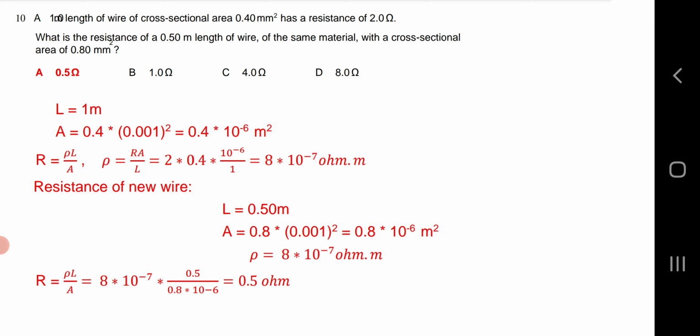And we have calculated the resistivity of the wire previously, and that is 8 into 10 to the power minus 7 ohm meter. Now put all these data values, that is resistance, area of cross section and the resistivity, in the formula. R is equal to rho L over A, and the value of the resistance of the new wire is 0.5 ohms.